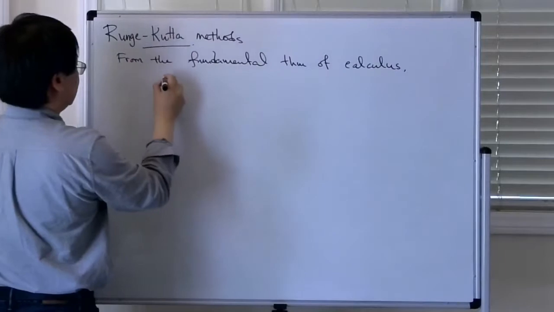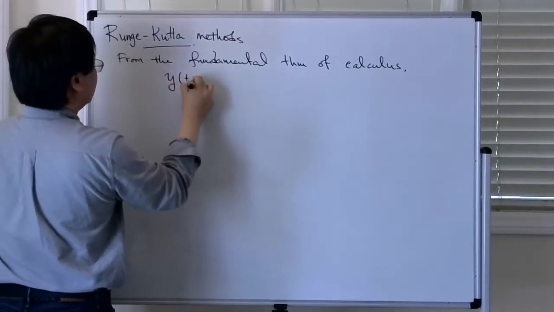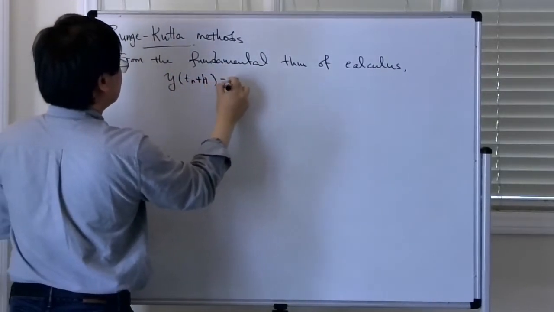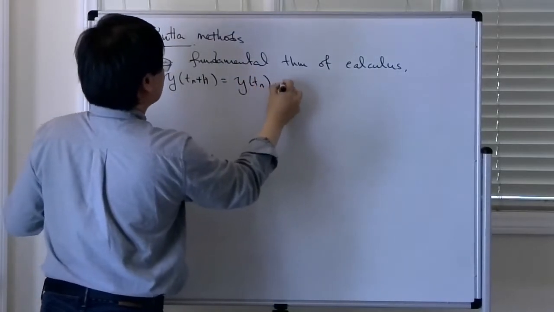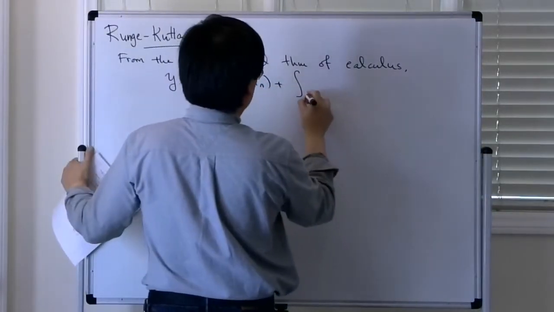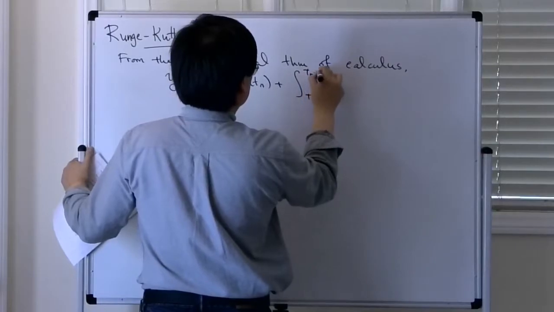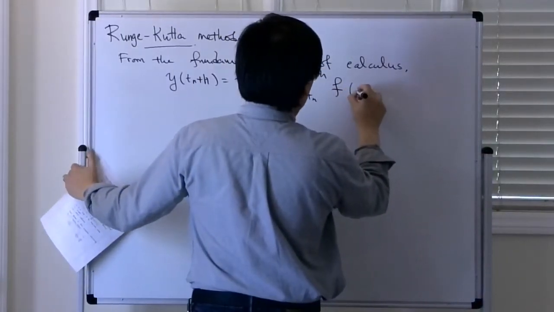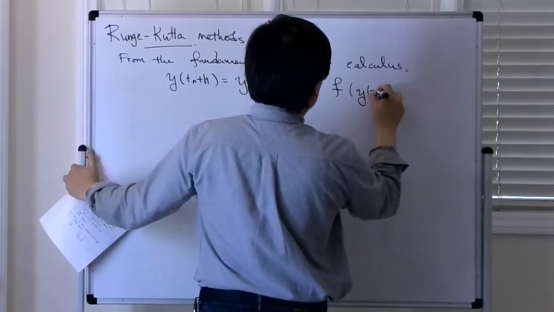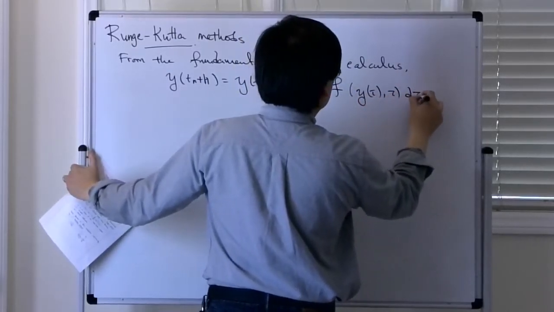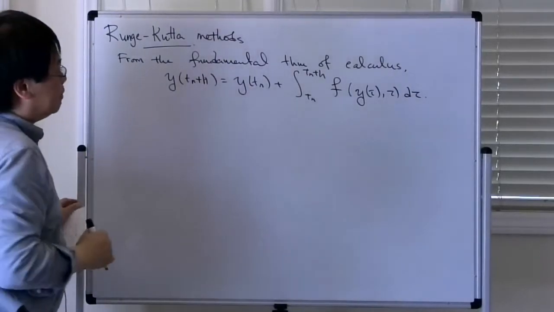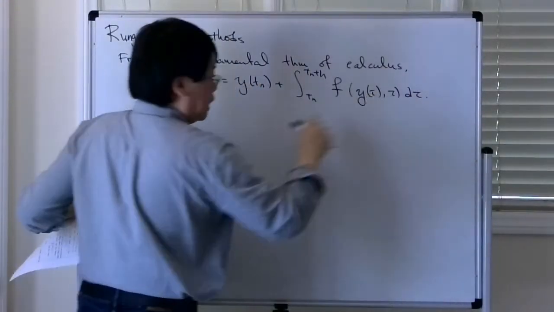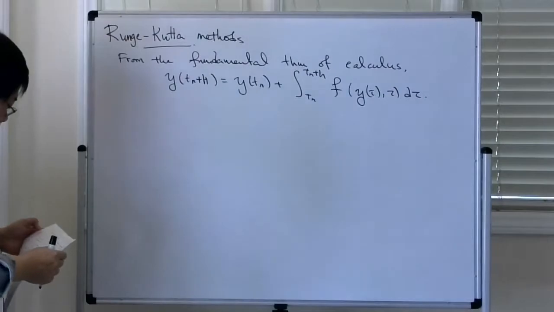You have that the solution at the new time is equal to the solution at the old time plus the integral from Tn to Tn plus h of the vector field evaluated along the solution trajectory. And of course you can replace this integral by some sort of quadrature approximation.